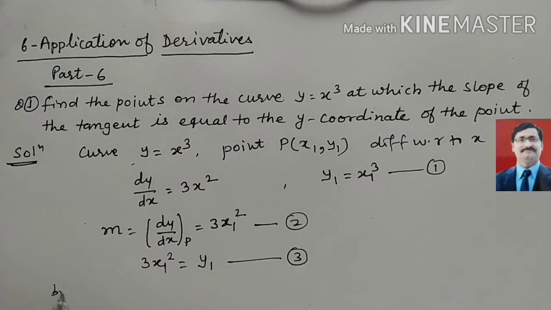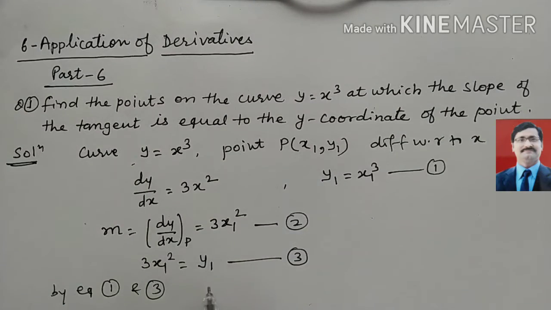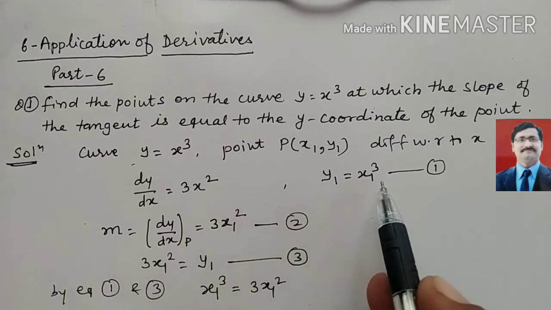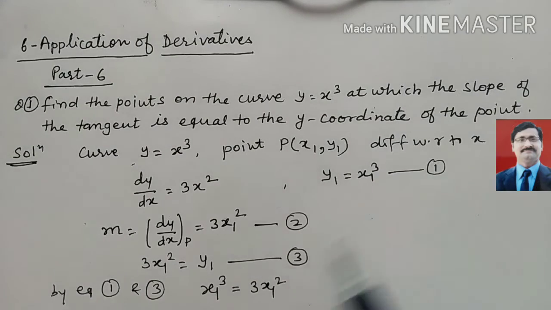Now by equation 1 and 3, both are equal to y1. So we can write x1 power 3 equal to 3x1 square. Here y1 is x1 power 3, and here y1 is 3x1 power 2.